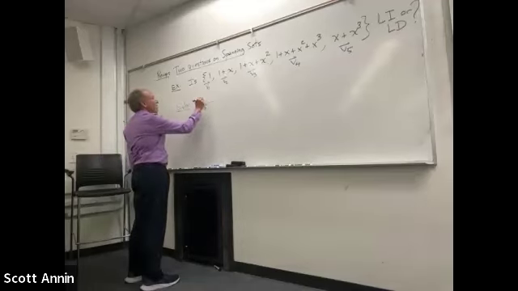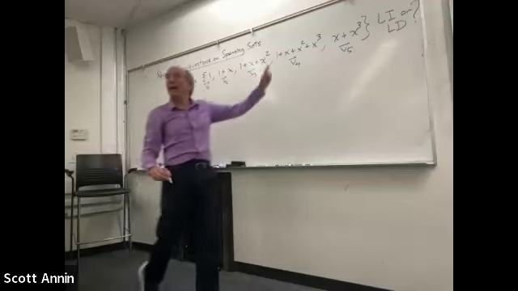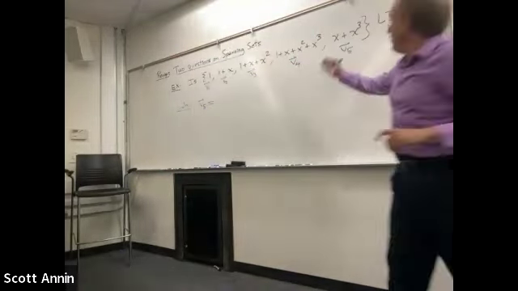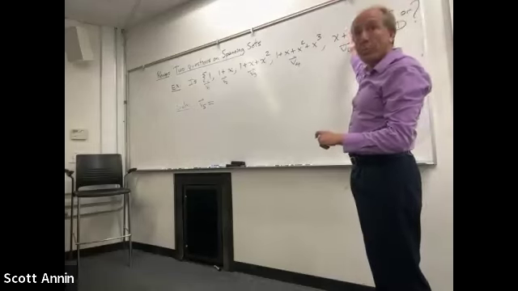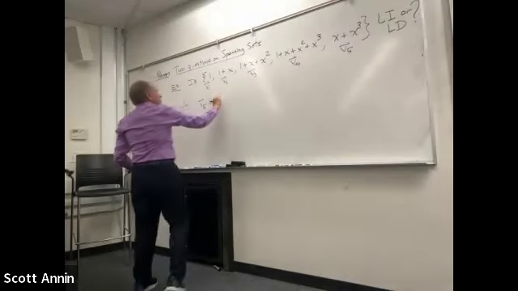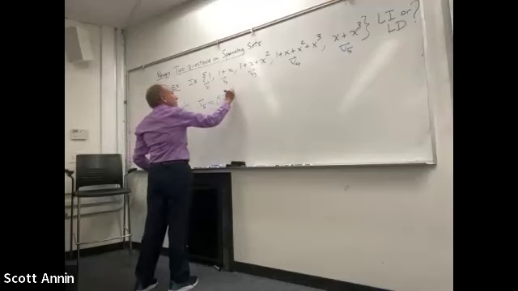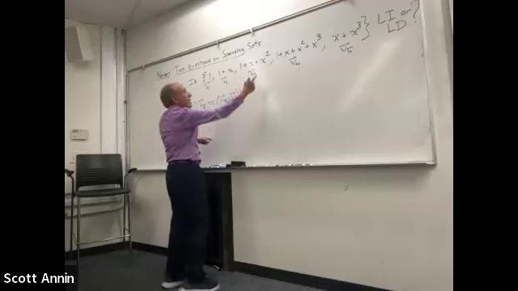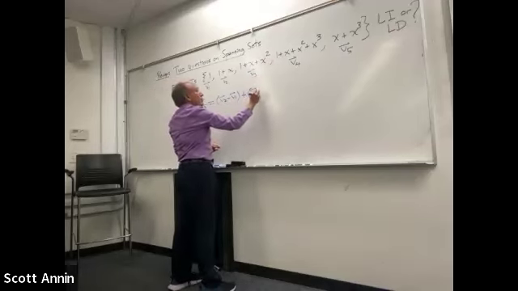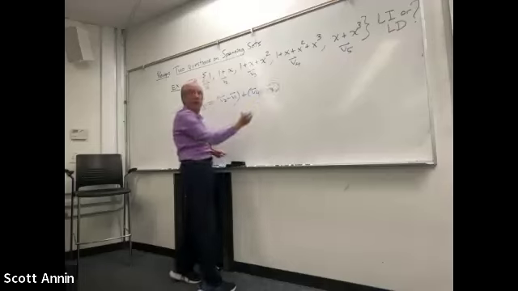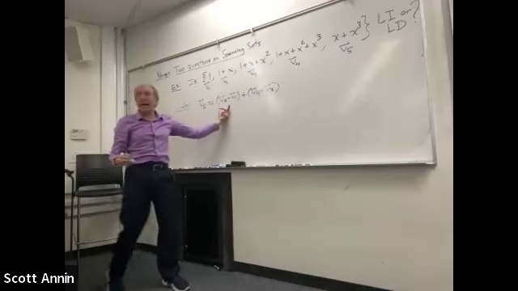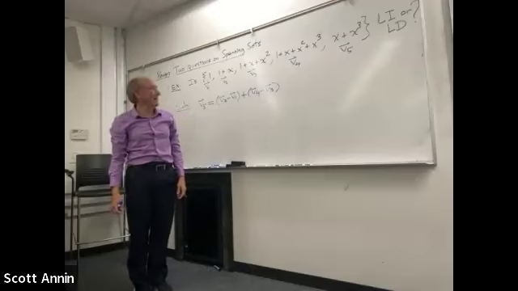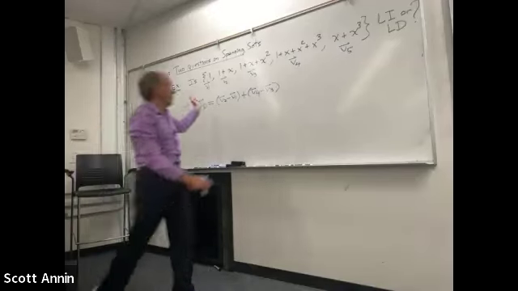If you take V5, I can write V5 in terms of the others. Because V5 is what? X plus X cubed? Well, I can make the X by doing V2 minus V1. Right? And then I can make the X cubed by doing V4 minus V3. So this is just X and this is X cubed. Yeah. So this is your linear relationship.